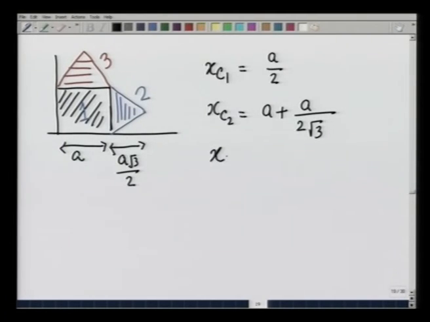And x c 3, that is the x coordinate of the centroid of the third triangle, is going to be right on the dividing axis, which is a by 2 again.